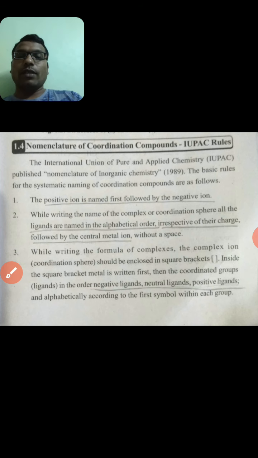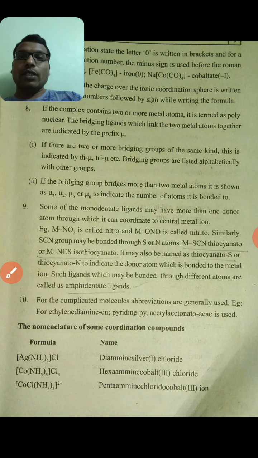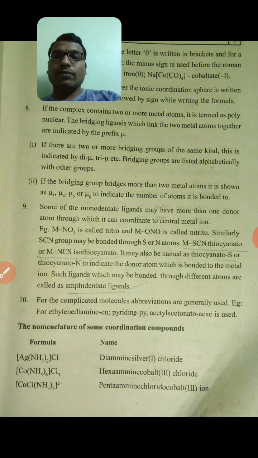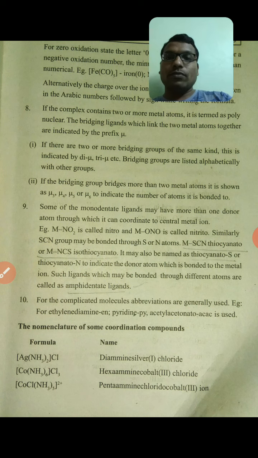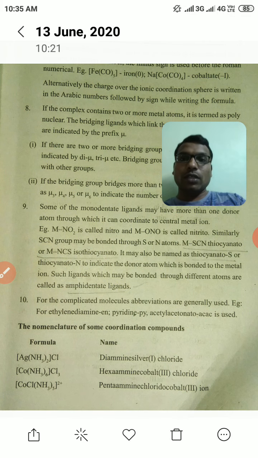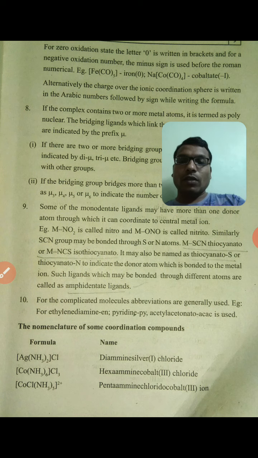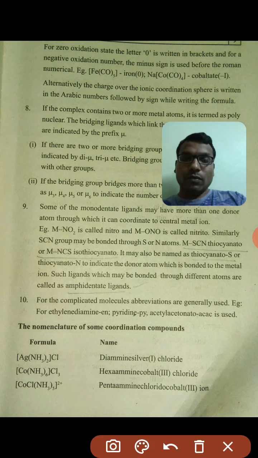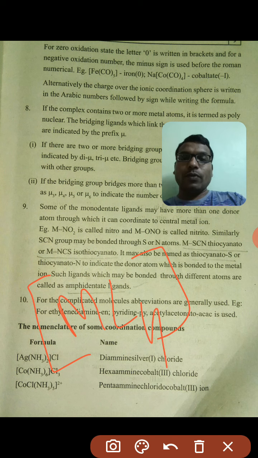Next, how to write the charge? We should also know how to write the charge. While writing the charge, we write it like this: the complex M L N. The charge on the ionic coordination sphere is generally written as an Arabic number followed by the sign.